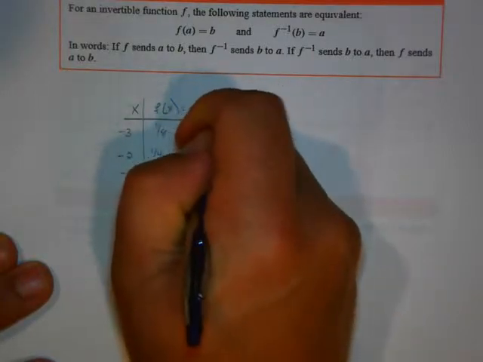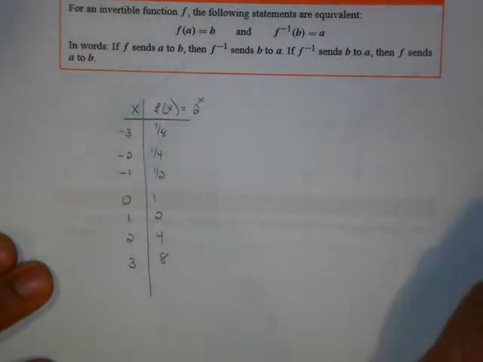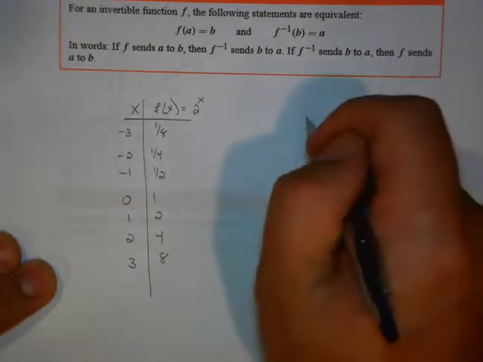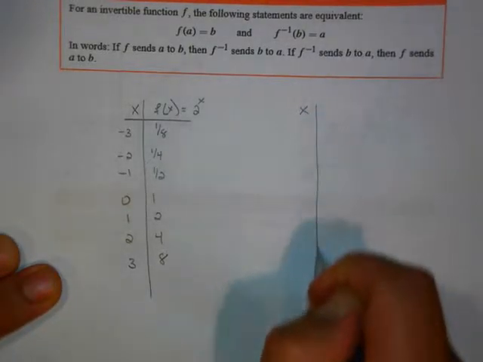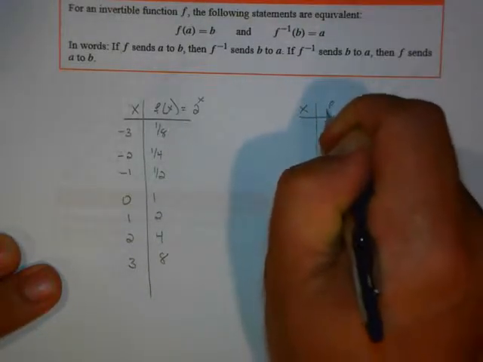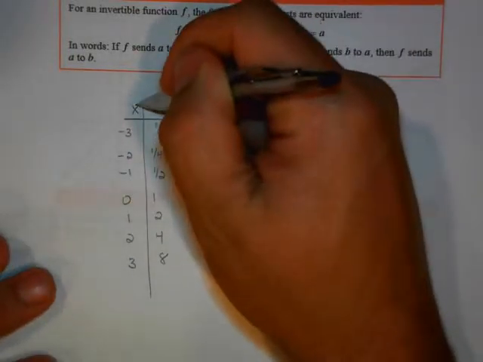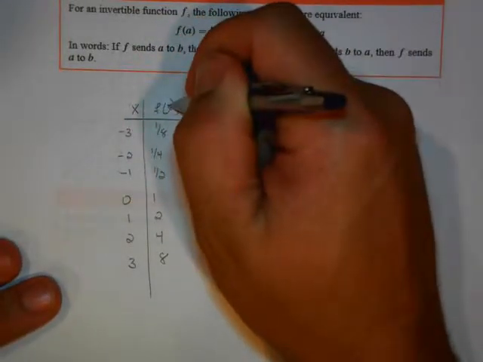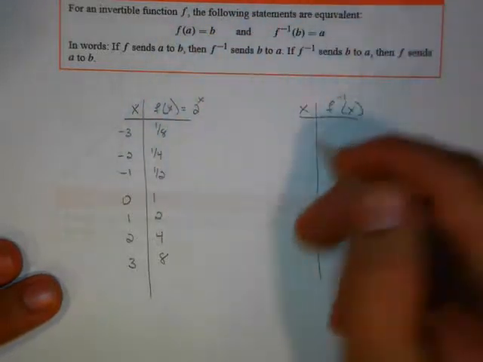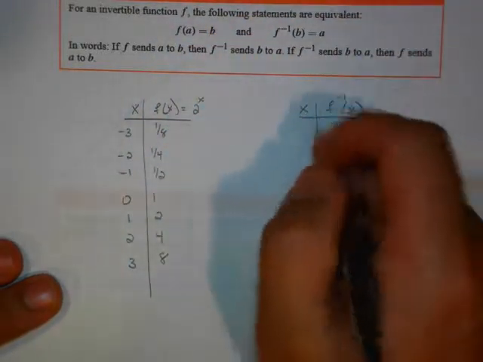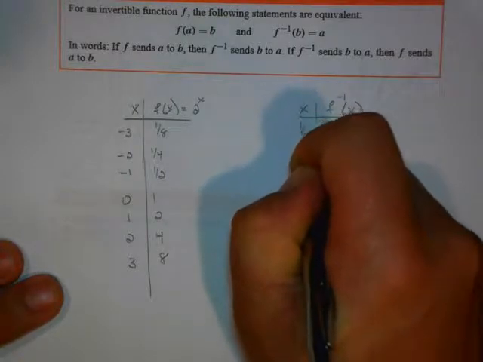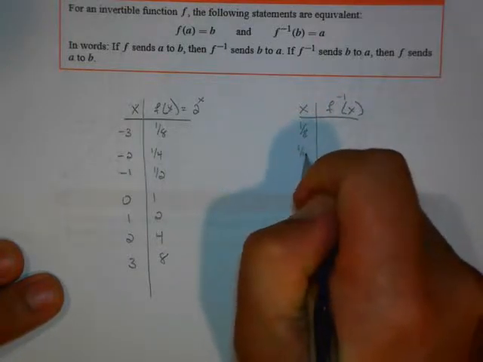Now for x, f inverse of x, so this is my domain of f, this is my range of f. So what's going to happen is they're going to switch roles. This range of f is going to be my domain now. If I start with 1/8, 1/4, 1/2, 1, 2, 4, 8.